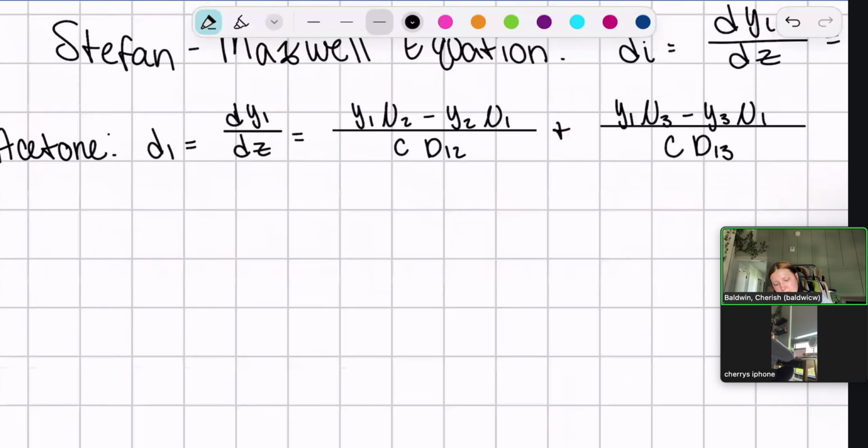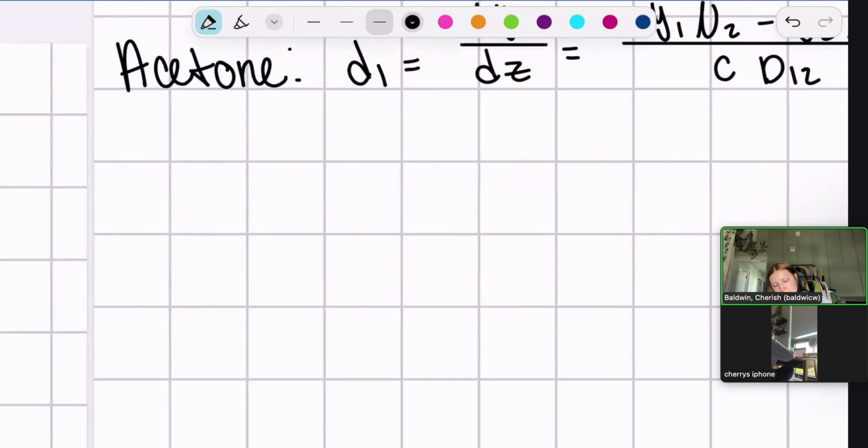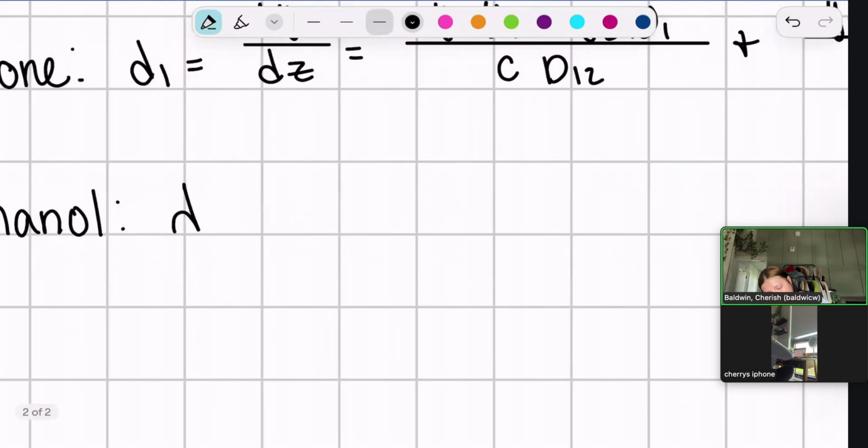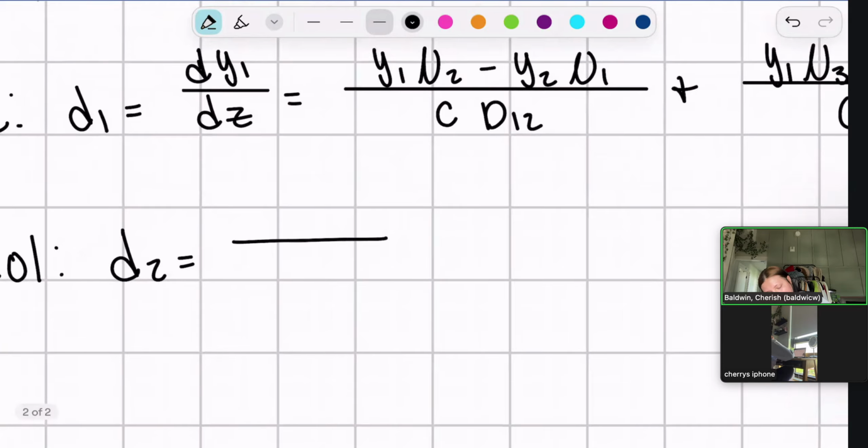So now let's go to methanol. The driving force of methanol is equal to the gradient of the mole fraction of methanol over position.